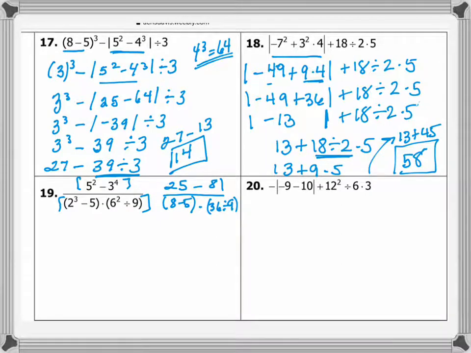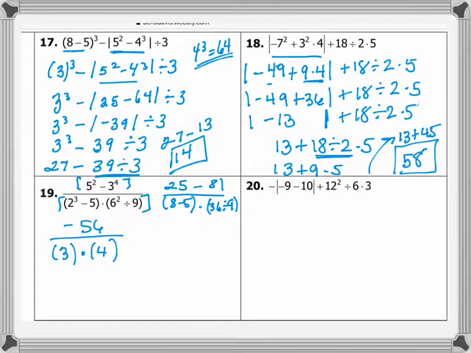All right, I'm going to go ahead and do the top. If I do 25 minus 81, you get negative 56. All right, and then on the bottom, 8 minus 5 would be 3 times 36 divided by 9 is 4.